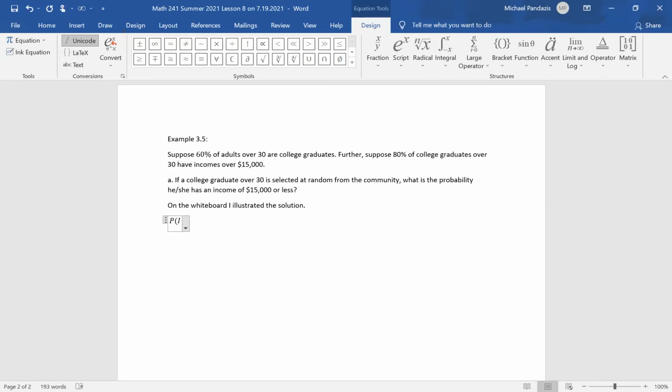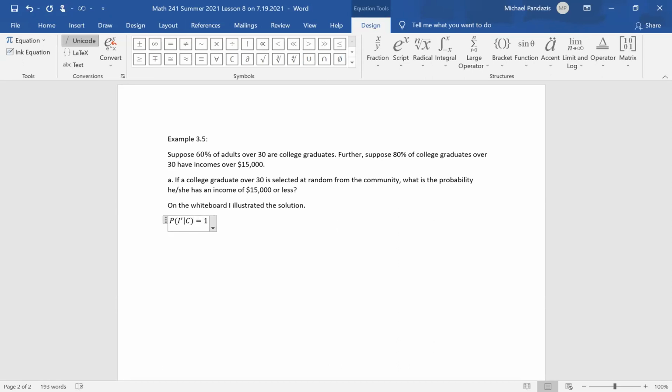Then what you want is the probability of I prime given C, right?